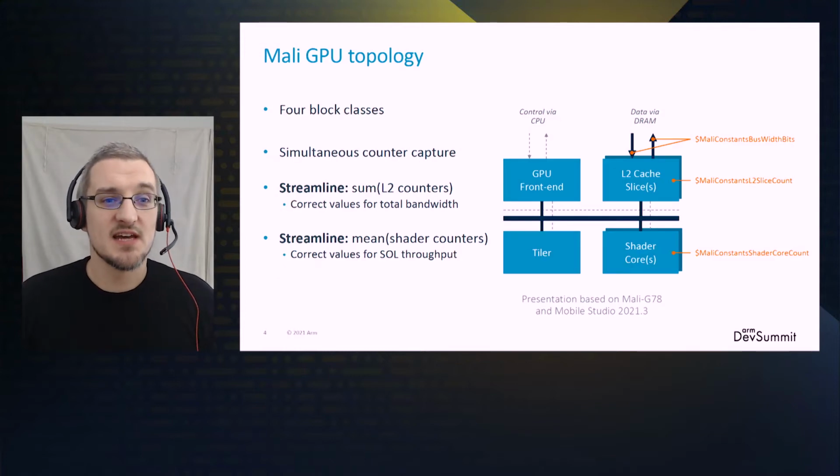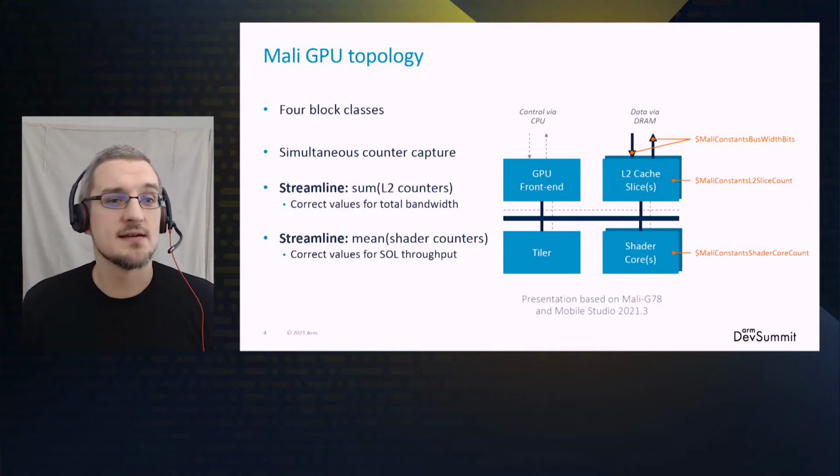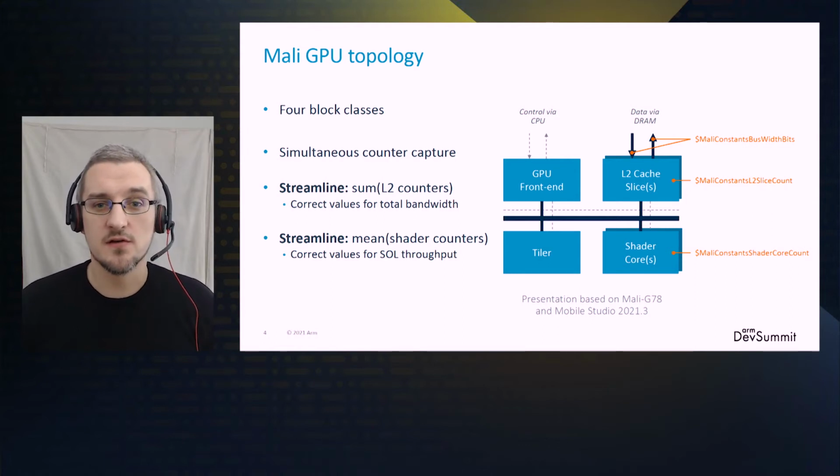So the Mali GPU is made up of 4 block classes. We have the GPU front end, which takes the input requests from the CPU, the command streams, breaks those into tasks that are dispatched to the various processing elements on the core. We have the level 2 cache, which handles the kind of unified data cache for all the GPU data.